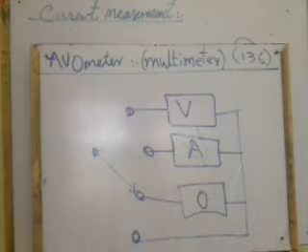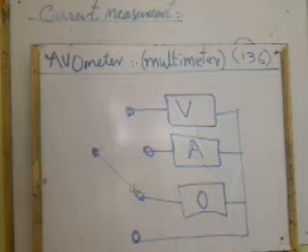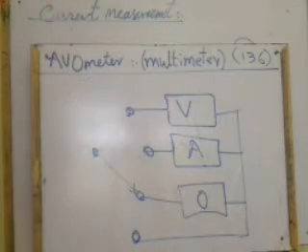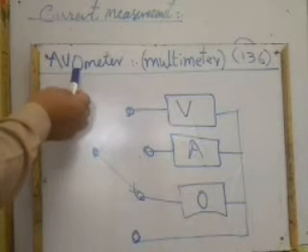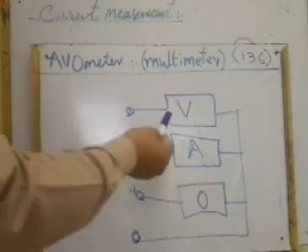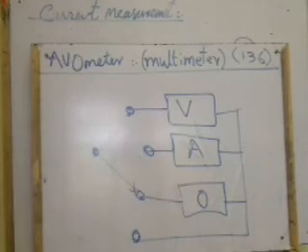AVOmeter or multimeter is an arrangement enclosed in a box which can measure the current, the voltage, and the resistance of the circuit by the use of this same compact system.